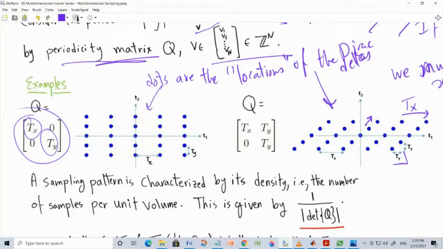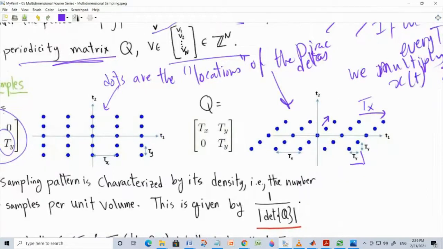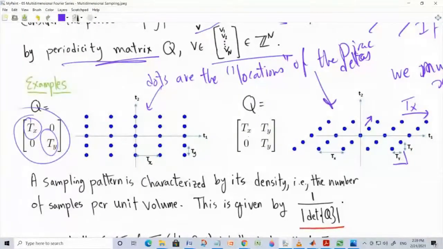You can have Dirac deltas on a rectangular lattice, a rectangular grid, spaced horizontally by Tx, vertically by Ty, and that's it. But you can do other things, and so your Q matrix does not have to be diagonal. It can be something like this. And perhaps in the next lecture, why should you do something other than rectangular sampling?